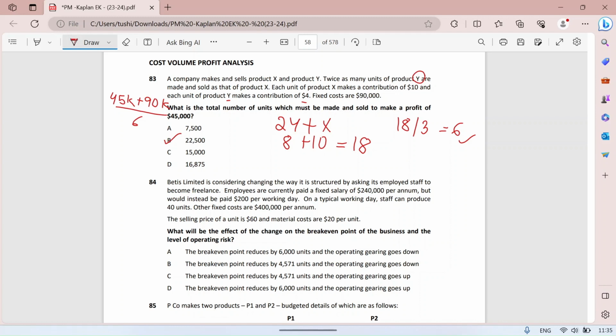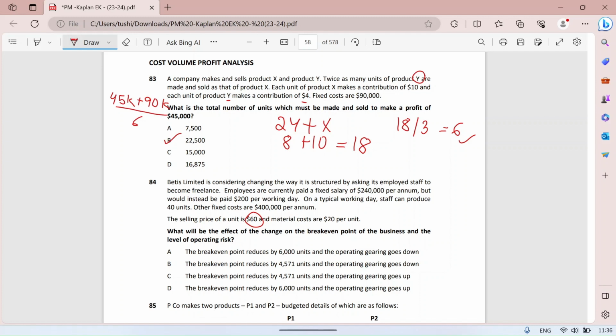So first of all, we find out the current break-even point. The contribution that I can see here is SP is 60, material costs are 20. So my contribution is nothing but 60 minus 20, which gives me $40. To find out my current break-even, how much is our fixed cost?